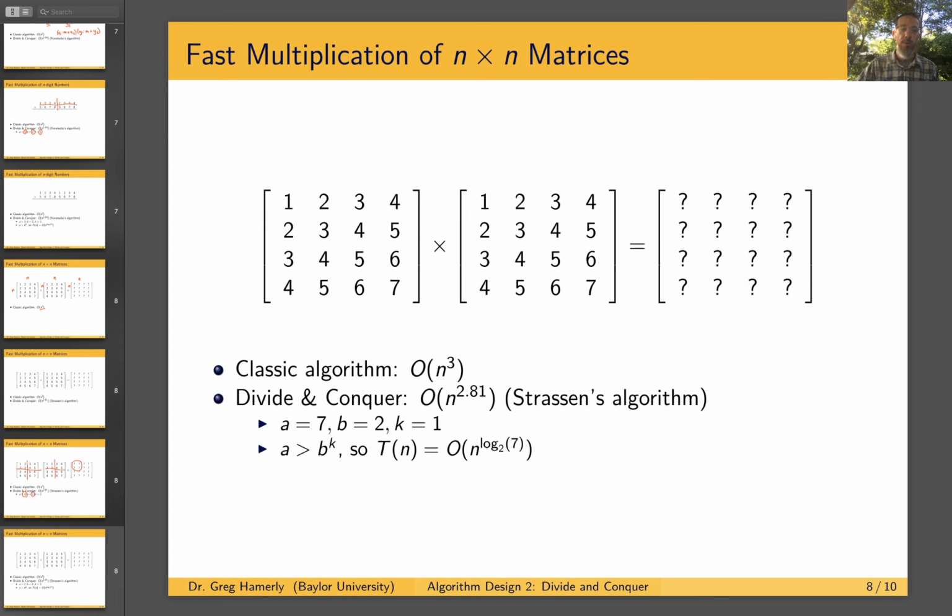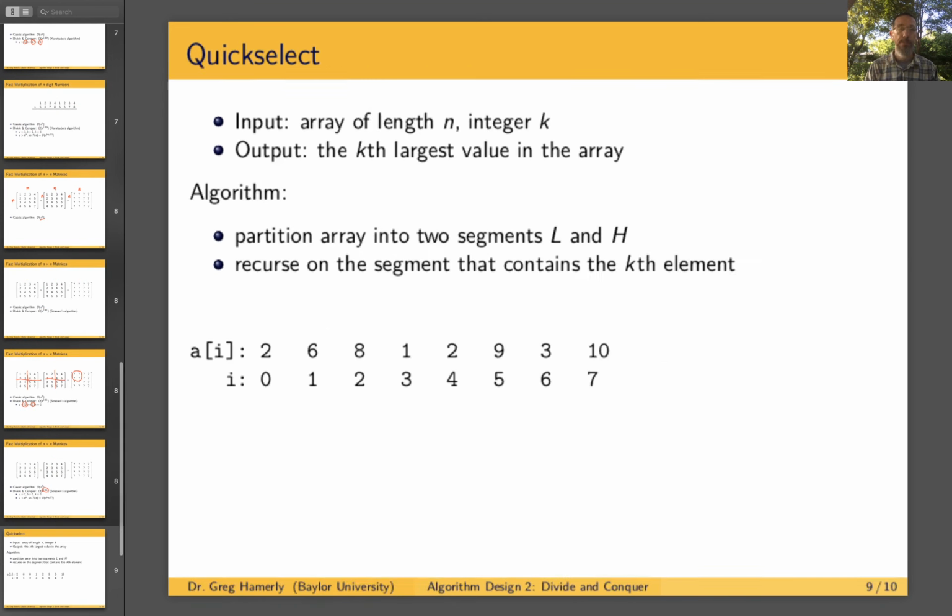And again, we have a is greater than b to the k, so applying the master theorem, we get n to the log base 2 of 7, which is roughly 2.81, which is faster than n cubed. So if you have very large matrices, you can use Strassen's algorithm and divide and conquer to make it run faster.